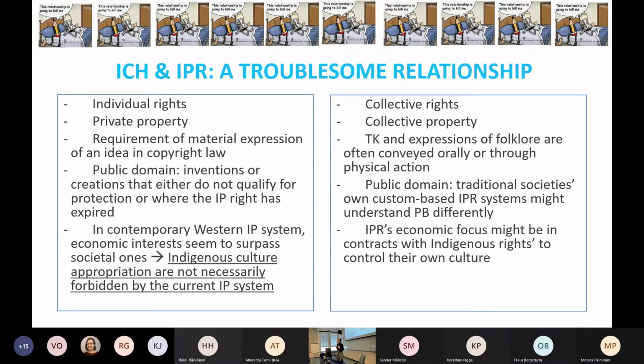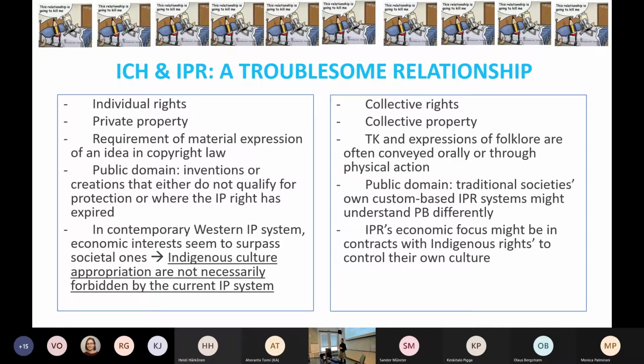This troublesome relationship is partly due to the structure of the intellectual property system, so partly it is a technocratic issue. It's the way that intellectual property rights are created that is a little bit problematic. But it's not only about that. It's also an issue of the way we justify intellectual property rights under the current system.